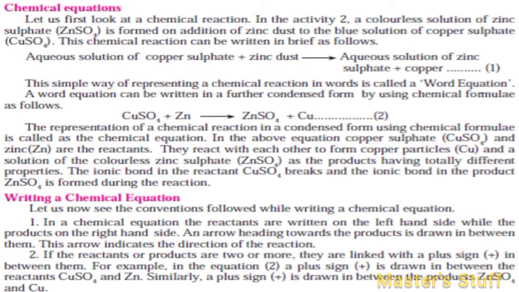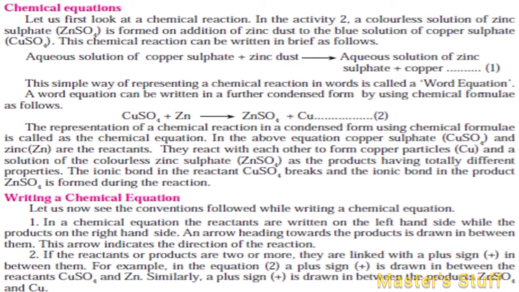In this equation, copper sulfate, CuSO4, and zinc, Zn, are reactants, while the colorless zinc sulfate that is obtained as solution and the copper particles, Cu, are the products.